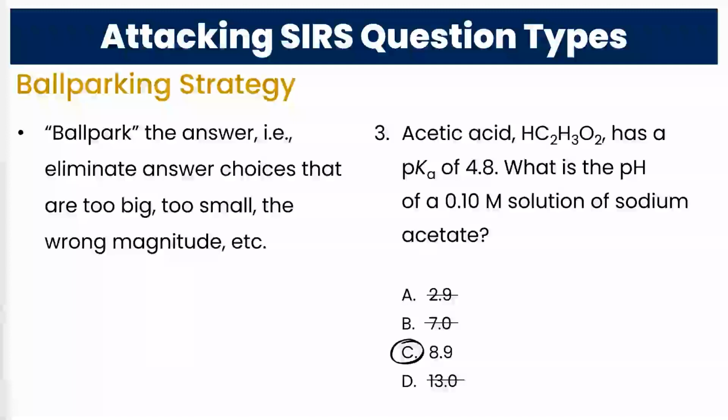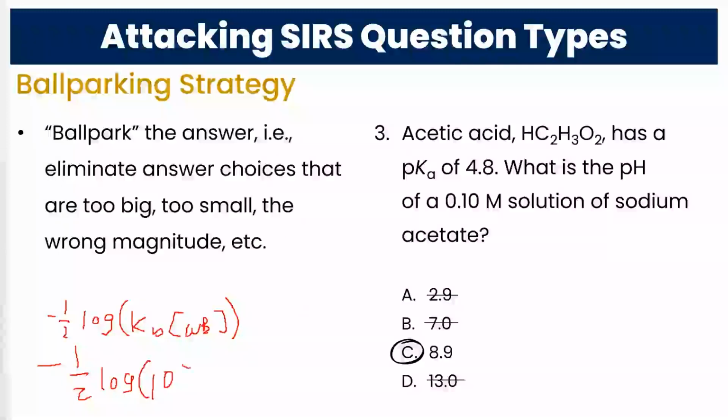Now, I know I always get somebody that asks, how would I do this regular? The pH of a weak base is negative 1/2 the log of the Kb times the weak base concentration. So I'd have to come in here and go, okay, this is negative 1/2 the log of, well, the Kb is going to be 10 to the minus, let's see, 10 to the minus 9.2, and my weak base concentration is 10 to the minus 1.